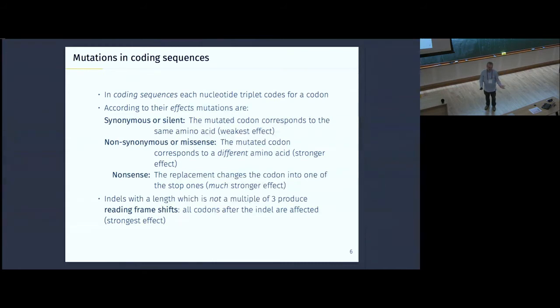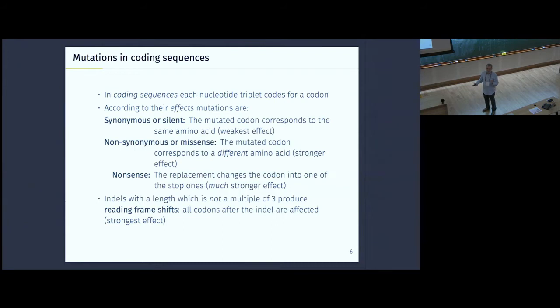You usually just have your sampled sequences and compare them. You don't know which is the ancestral one and which is the mutated one. So this is why insertion or deletion are put together and called indels.